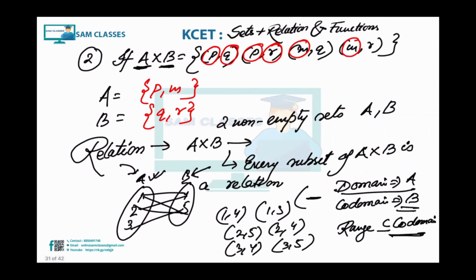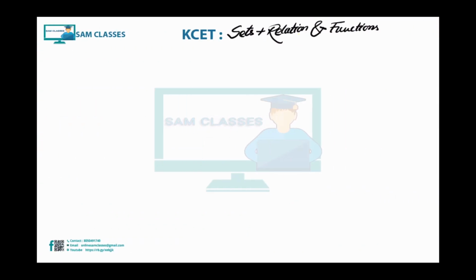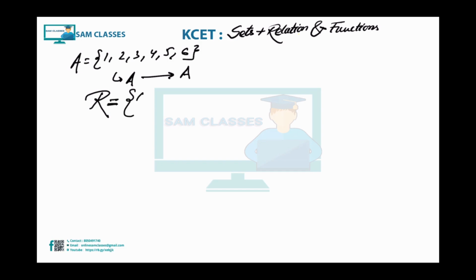Now let's see a question and we'll understand better how to do it. The first question: let's say A is equal to {1, 2, 3, 4, 5, 6}. They are defining a relation from A to A, so the first set is A and the second set is also A. The relation follows a condition: R is equal to (x, y) such that y is equal to x plus 1, which means y is 1 bigger than x.